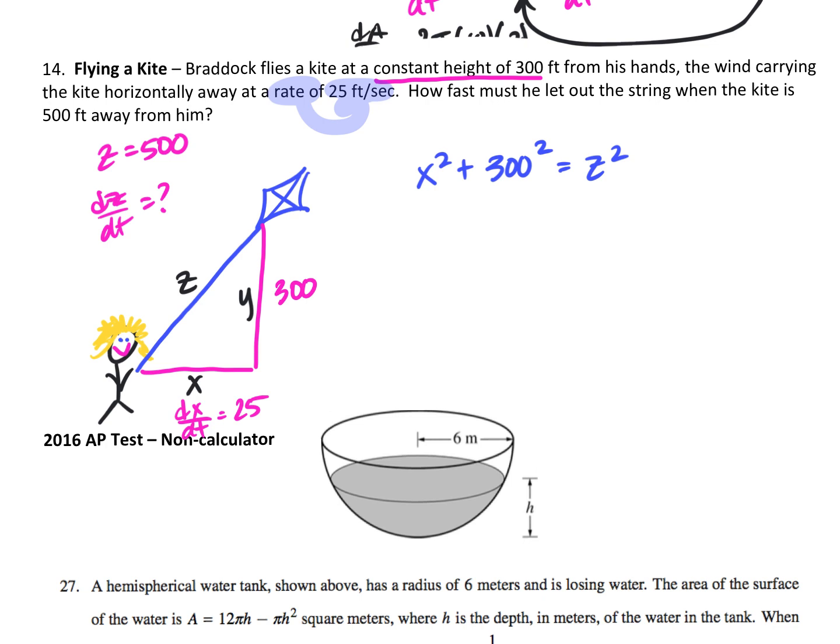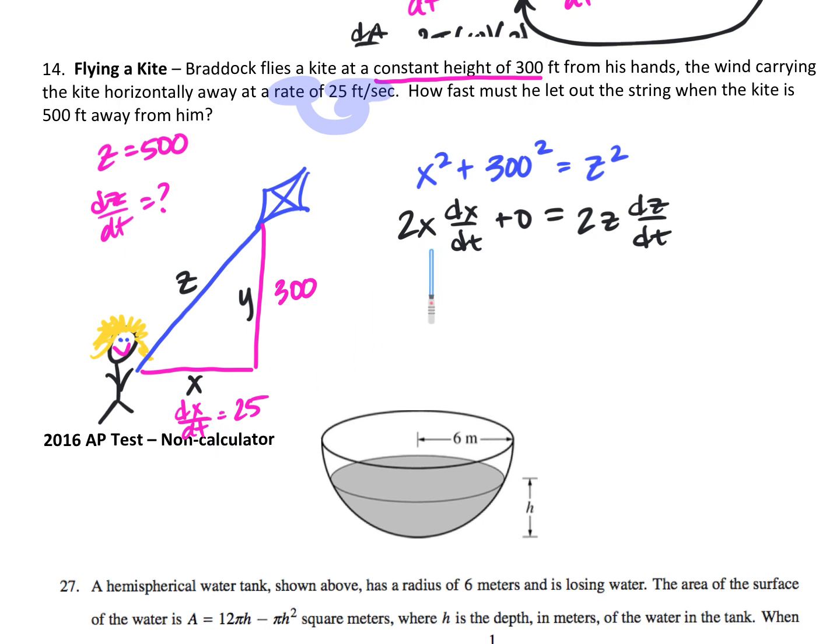Yes. 2x dx dt, plus 0. Very good. He's saying the derivative of a constant is 0. Equals 2z dz dt. Perfect. Here we go. What's my x? 50x, because dx dt is 25. So 25 times 2x.